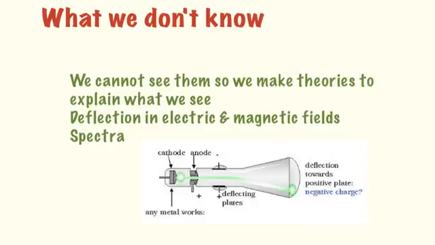This tells me it's negatively charged, and we used this in the old days when the first televisions came along, and the first cathode ray tubes and oscilloscopes. They were based upon this very principle, with a screen that would fluoresce when the electrons hit it on the inside, and that was basically the way things worked for many years.